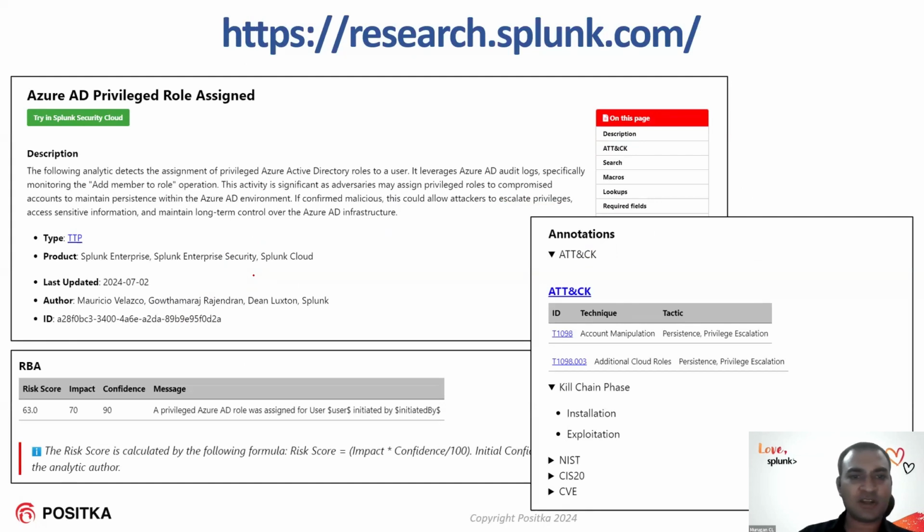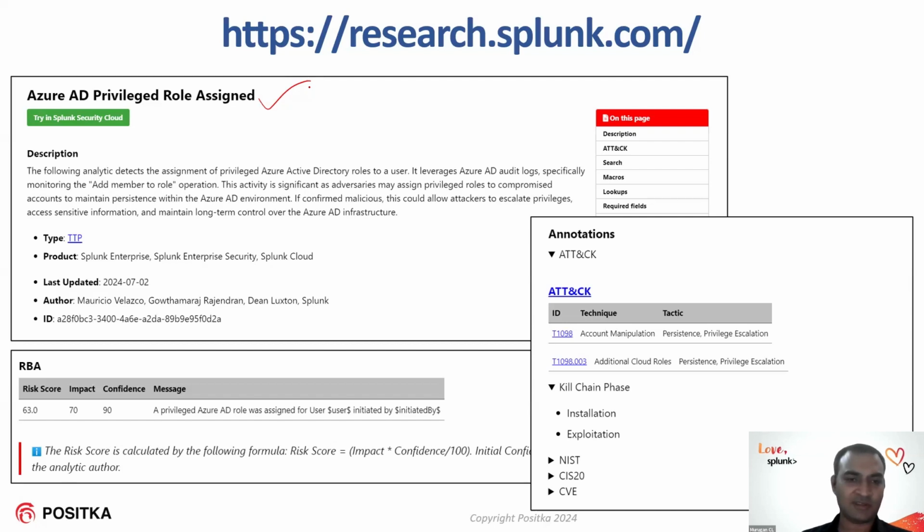research.splunk.com is a place where you can find the content that is already RBA ready. I've taken some screenshots for a particular rule. This is an Azure AD privilege role assigned security rule. This website will help us with the SPLs as well.